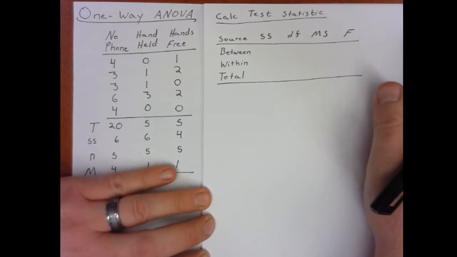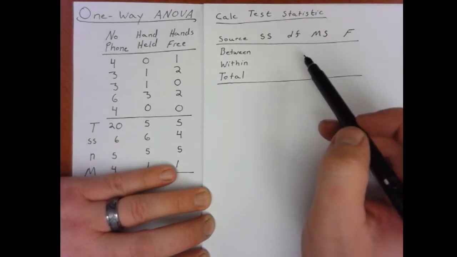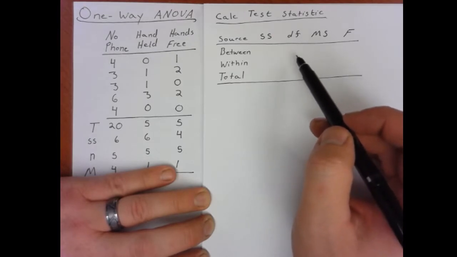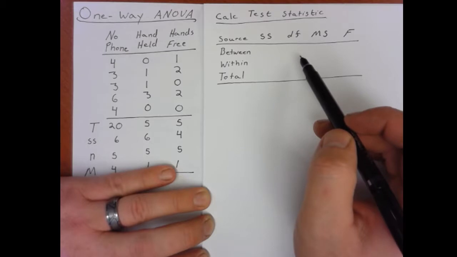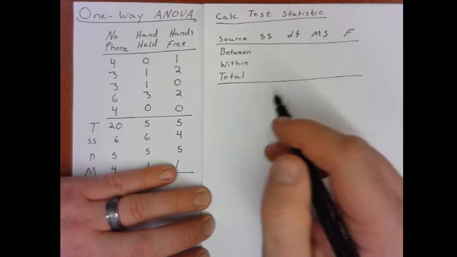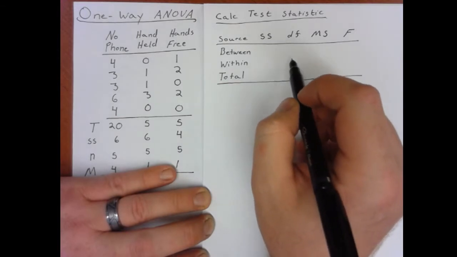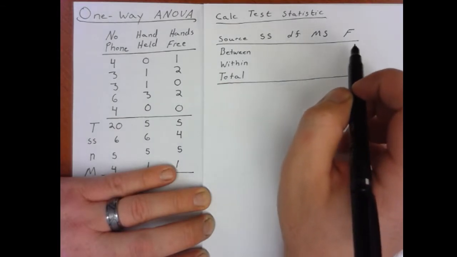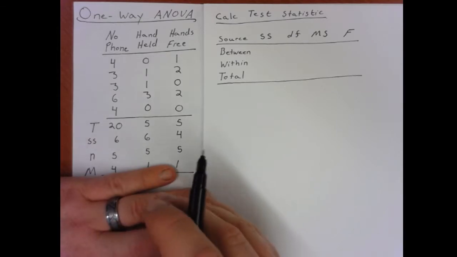Now, we will go through and calculate all these one by one. We've actually done the degrees of freedom here as well already when we looked up our critical value. But we will get to that in due time. So, treat each individual cell in this table as a separate subgoal and work towards them all individually.